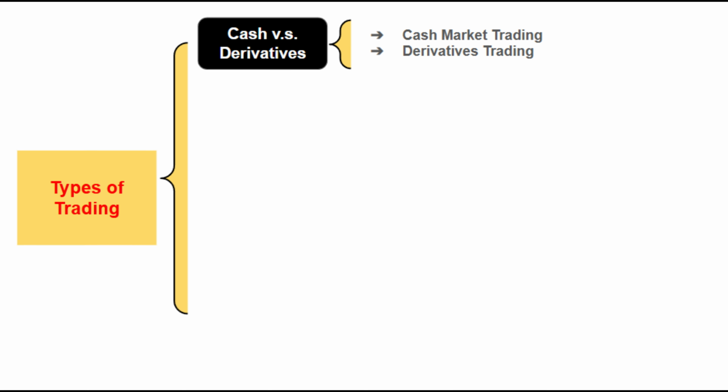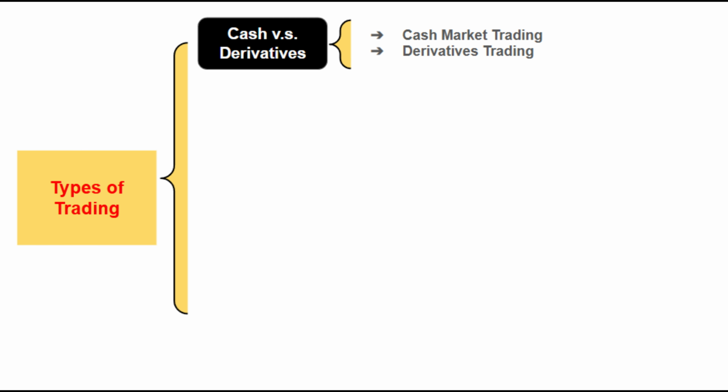Derivatives trading. Derivatives are securities derived from underlying securities. A derivative market is a market that trades derivative securities where the two parties agree to transactions whose cash flows are a function of the value of a specified underlying asset in the future.